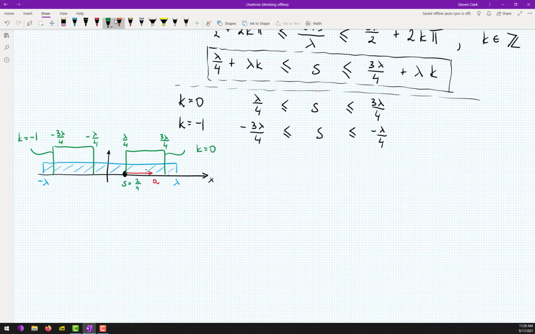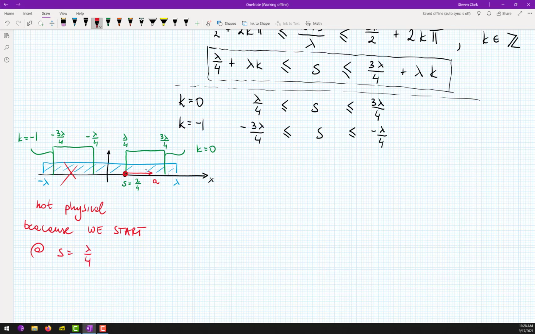Which one is not physical for sure? The one on the left, obviously. This guy is not physical. Why? Because they told us that our motion starts here, at s equals lambda divided by 4.